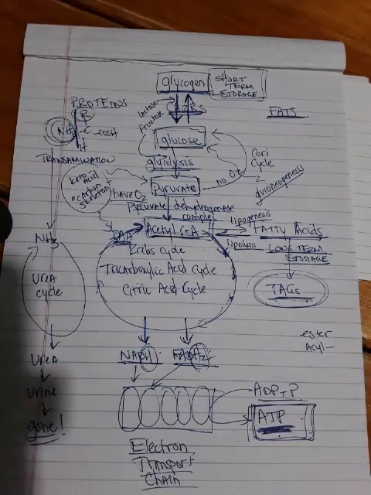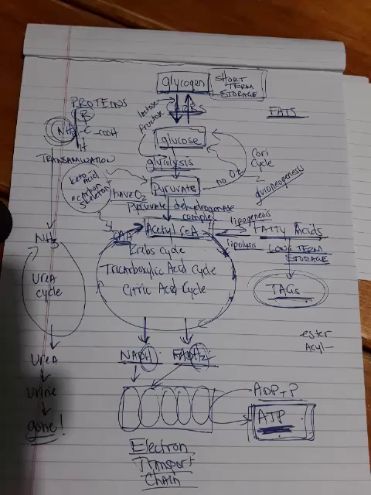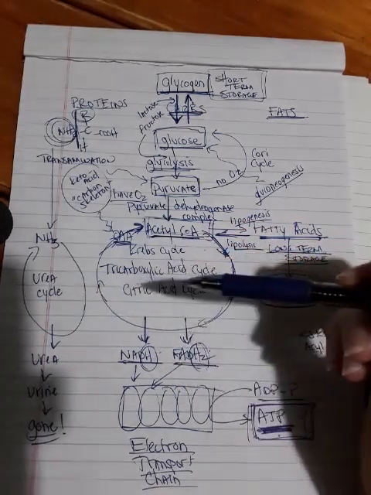It's gone. We can't leave that free ammonia floating around in the bloodstream because it's harmful. It causes harmful effects to your central nervous system, stuff like that you're going to do in a lot of other classes. So we do the urea cycle.